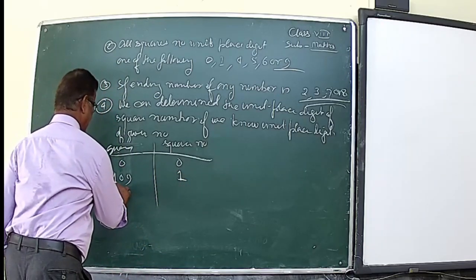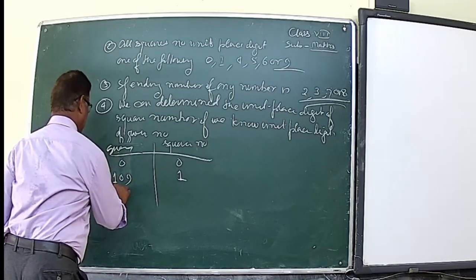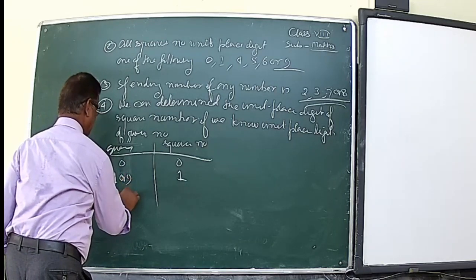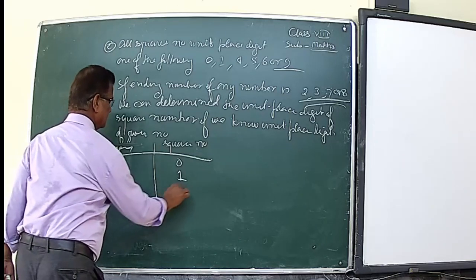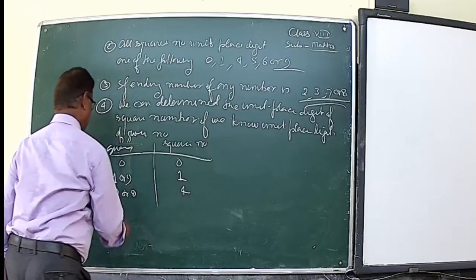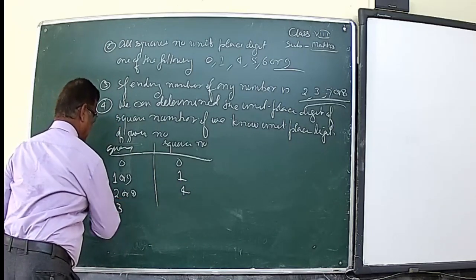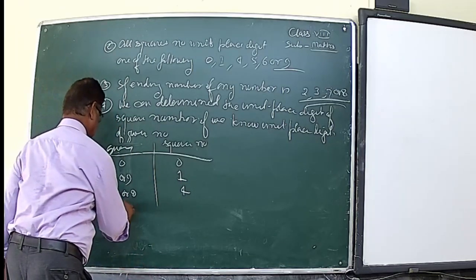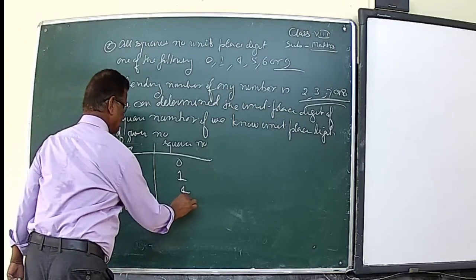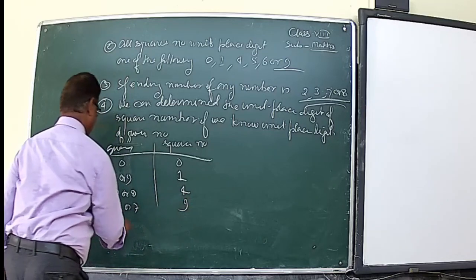If the unit place digit of the given number is 2 or 8, then the unit place digit of the square number is 4. If the ending digit of the given number is 3 or 7, the square number's unit place digit is 9.